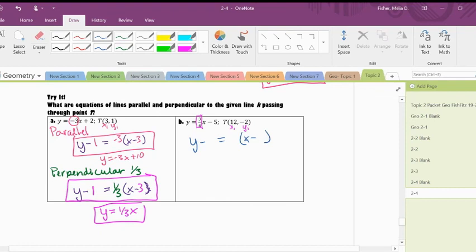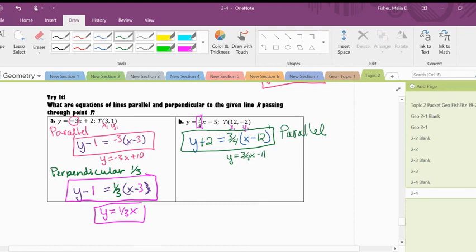We're plugging in 3/4, and we're plugging in 12. And when we plug in the -2, we would have minus a -2, which makes it a +2. So this would have been perfectly acceptable to leave it like this. If you went all the way to slope-intercept form, you would have had y equals 3/4 x minus 11. And this is your parallel.